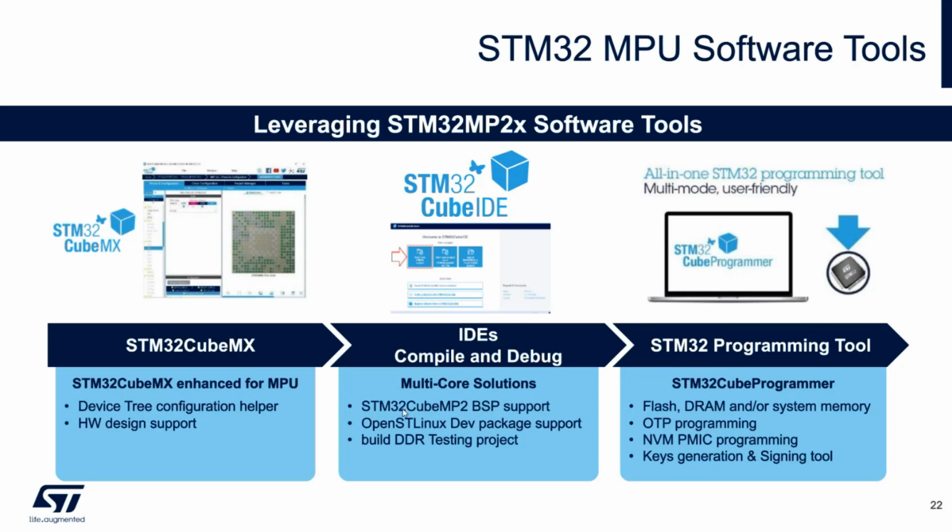With the Linux version of CubeIDE, you have also the possibility to build the developer package. The developer package contains the low-level components of our BSP, so the Linux kernel, U-Boot, OP-TEE, and trusted firmware. You can build these components from CubeIDE in the Linux version.